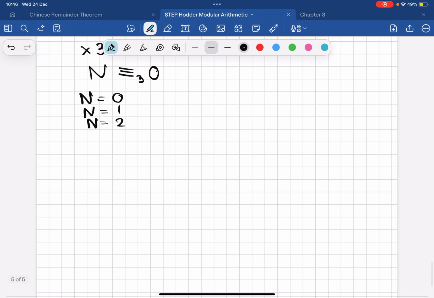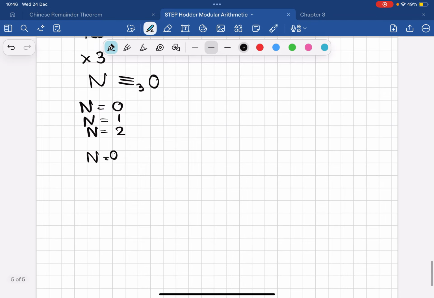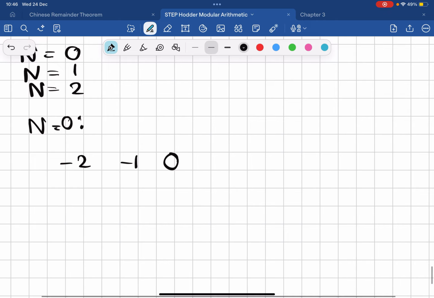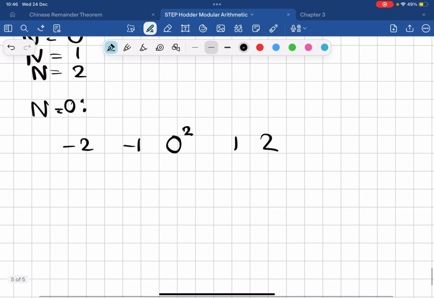So the way we do this is when n equals 0, we've got 0 in the middle as our middle term. We've got minus 1, and we've got minus 2. We've also got 1 and 2. This term here is 0 squared.